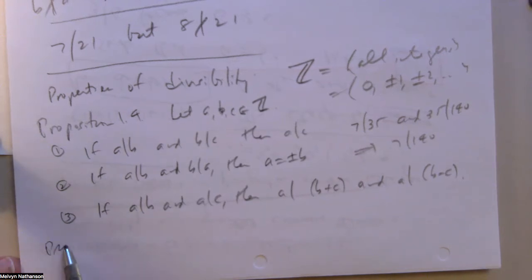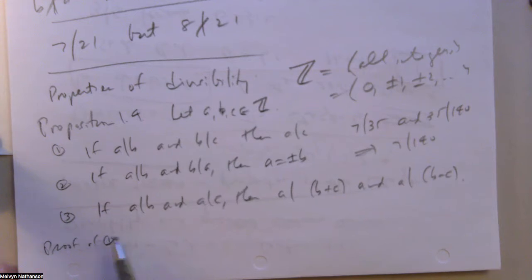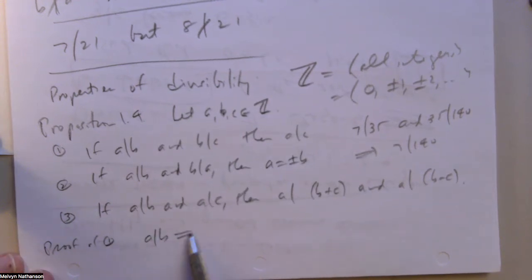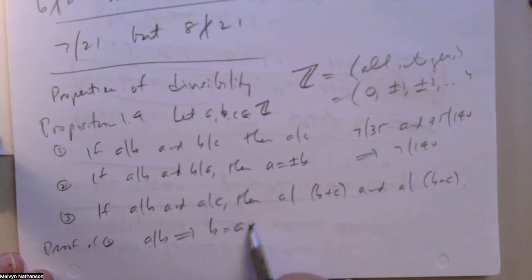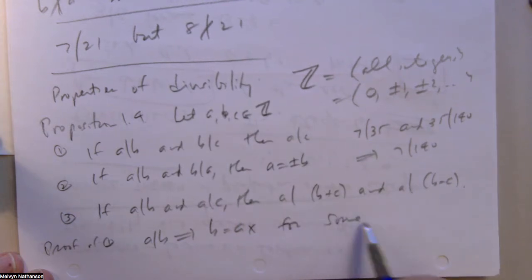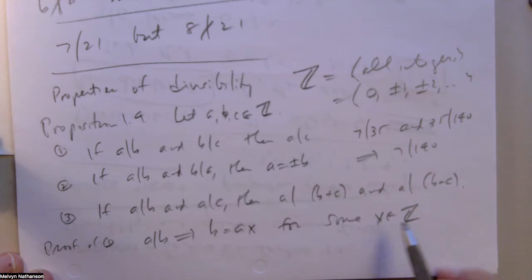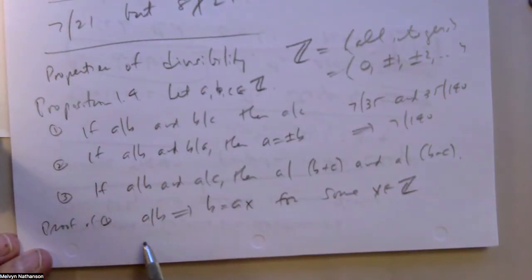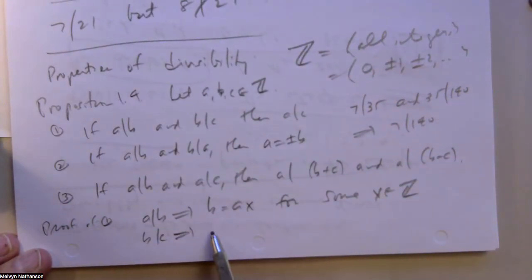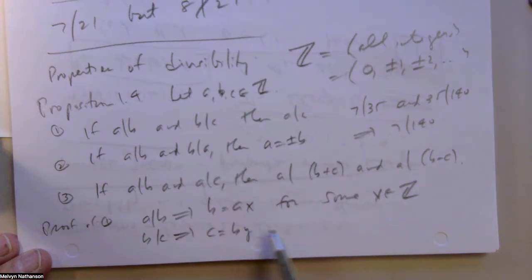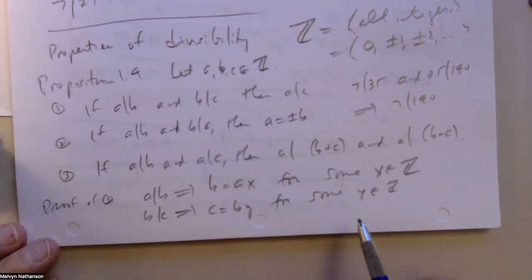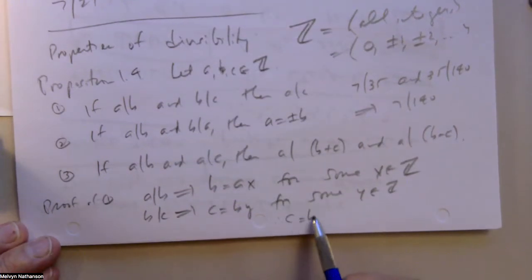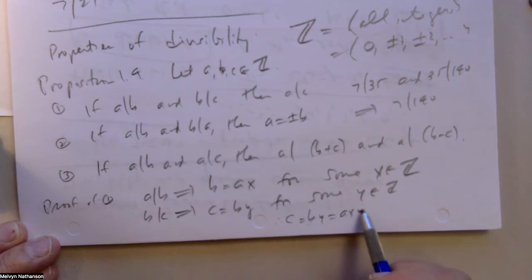Let me just prove the first of them. Proof of 1. If A divides B, that means that B is A times, let's say, X, for some integer X. And if B divides C, that means C is B times Y for some integer Y. So therefore C, which is BY, but B is AX, so that's AXY.